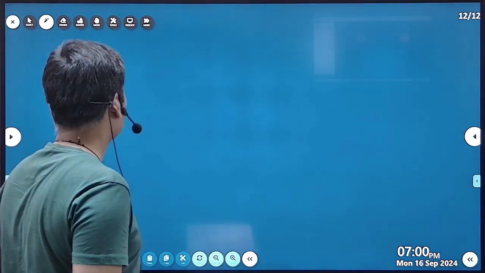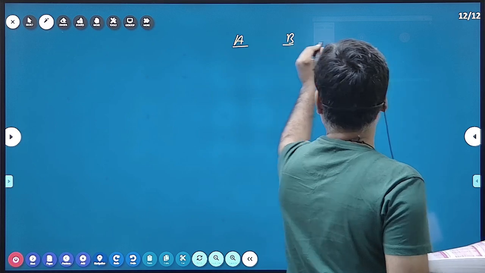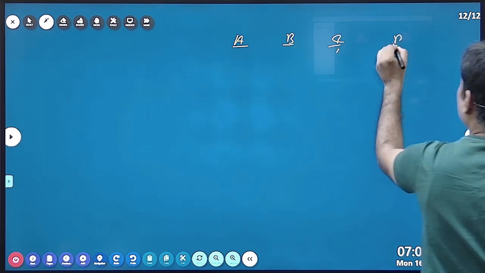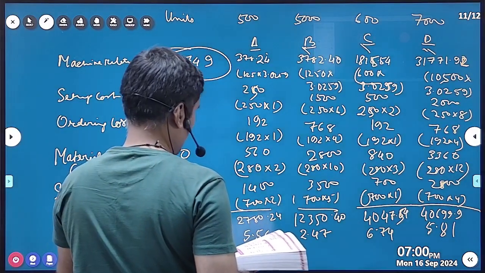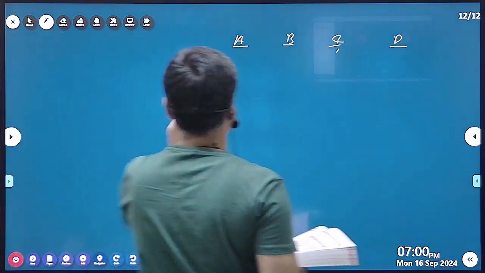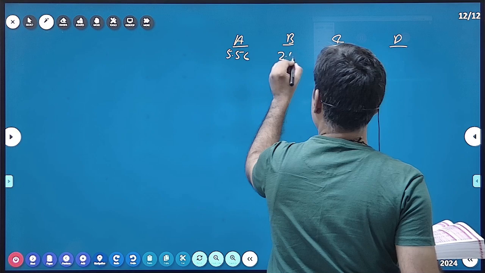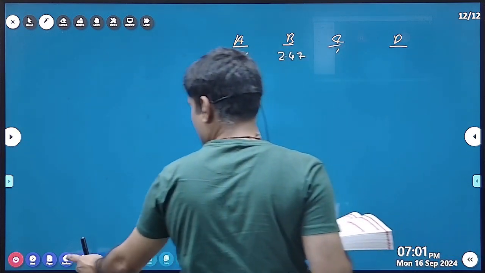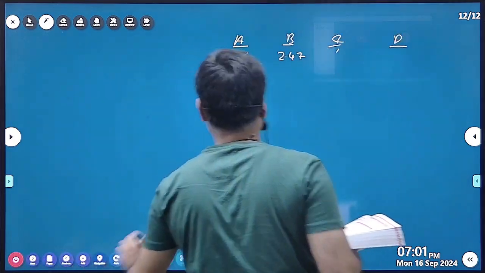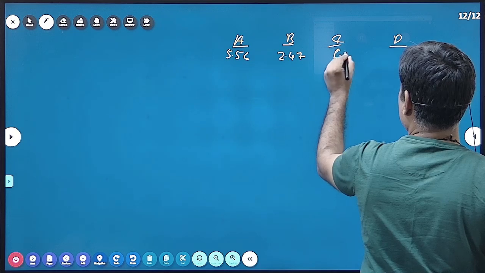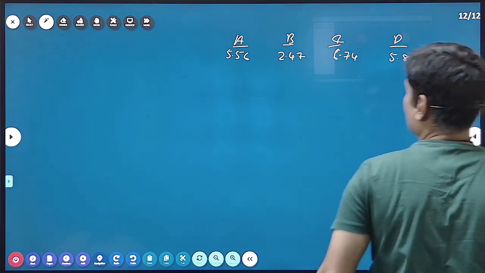Next page, add A, B, C, D: 5.56, 2.47, 6.74, 5.81.